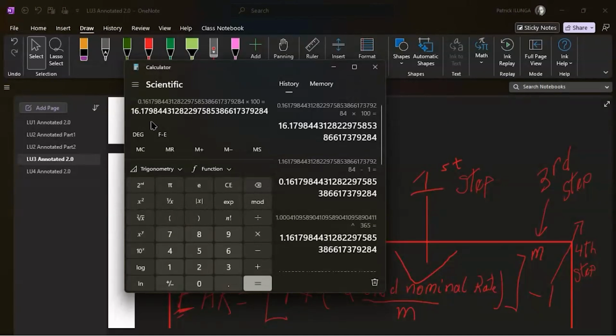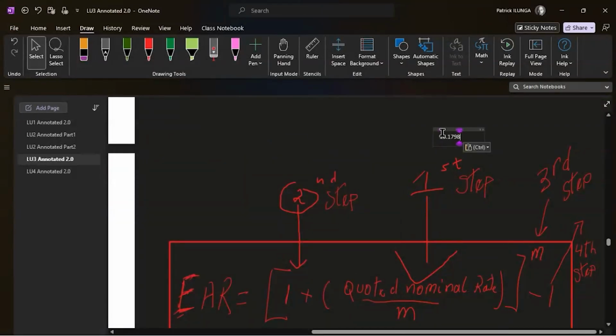Now, if they tell you round off after 2 decimals, right? 2 decimals is 1 and 7. So now 1 and 7, that's where we're going to round. That's where we're going to cut. So it's going to be like this. Let me take this and let me show you. I'm going to put it here. Do you see it? So if you have to round off by 2 decimals, you will take 1 and 7, that's the second decimal.